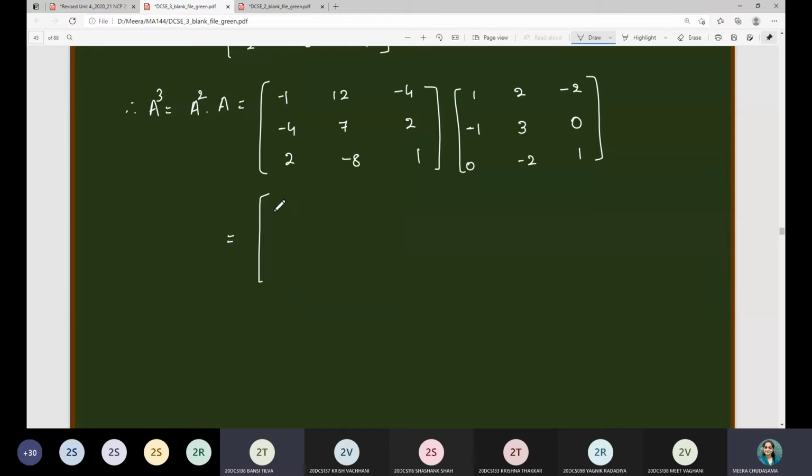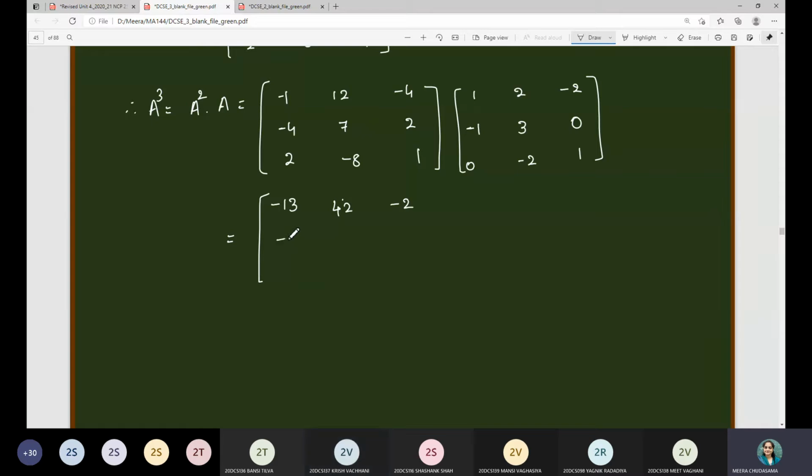First is minus 13. Minus 13, correct. Second is 32. Yes, ma'am, 42. It's 42. Yes, ma'am. Be careful in the matrix simplification. 42 is the correct answer. Minus 2, correct.